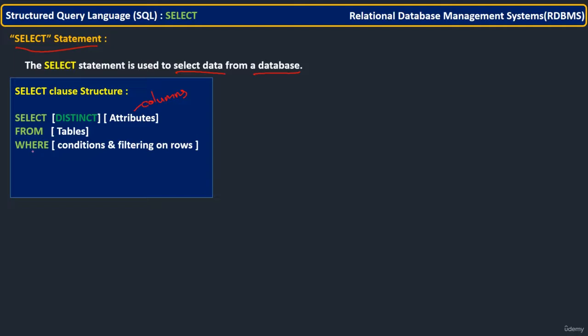Now when it comes to where, here we will write the condition, so that whichever rows satisfy that particular condition, only those rows' corresponding attribute values you are going to display. That is nothing but filtering your rows. Here you filter your columns, here you filter your rows. This is used whenever you have any condition.